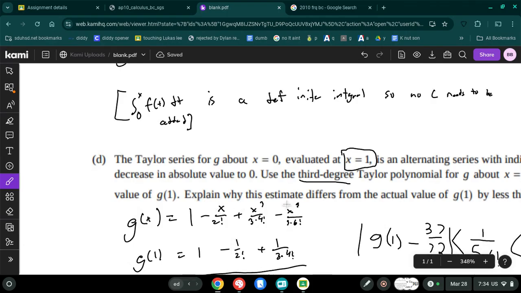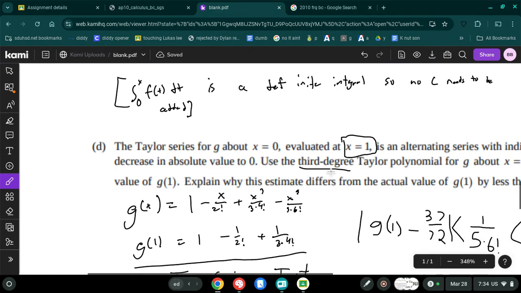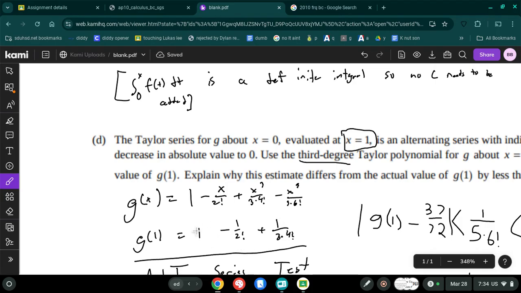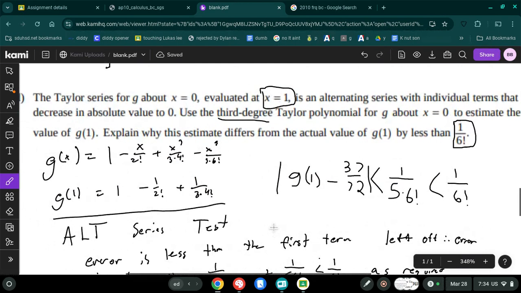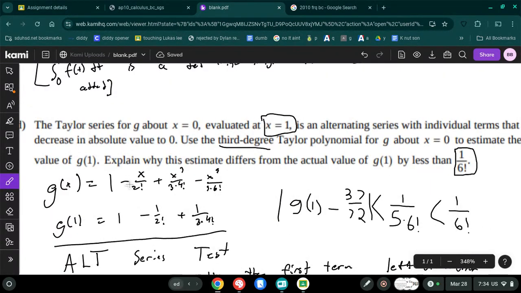But I'm not using the fifth degree because it's telling us to evaluate it using the third degree. So we have 1 minus 1 over 2 factorial plus 1 over 3 times 4 factorial. Okay, I'll state why this is here. If you smash all these together, you'll get 37 over 72 factorial.